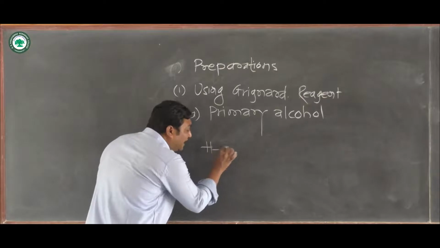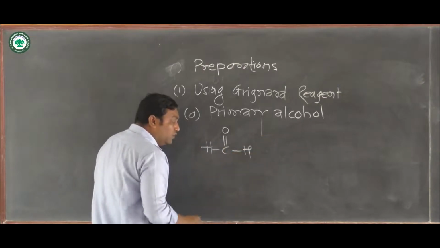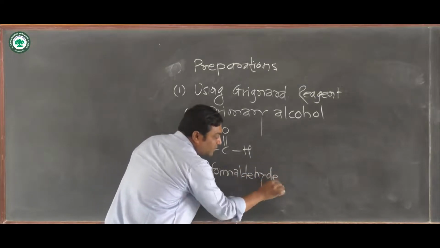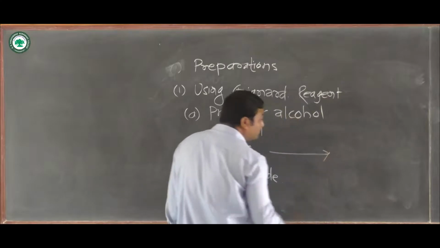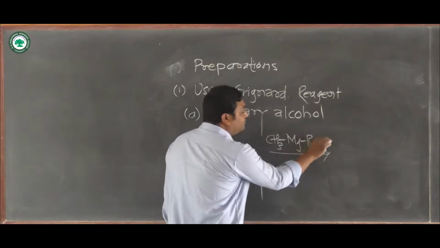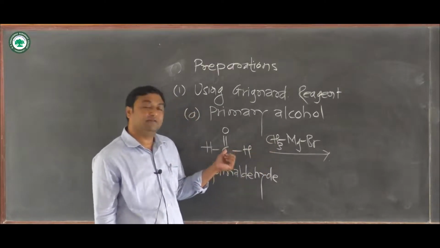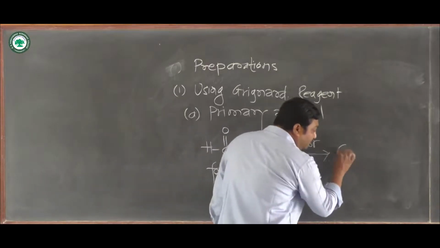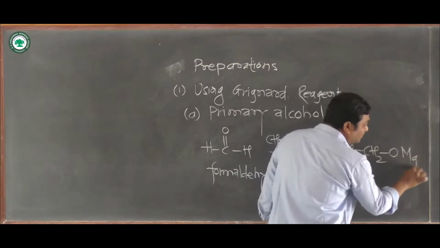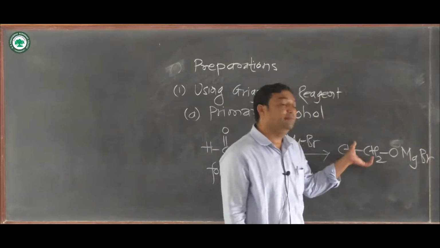Now, when the formaldehyde molecule, that is CH2O, is treated with methyl magnesium bromide, this methyl group will attack on this carbon atom and we obtain this complex as an intermediate.